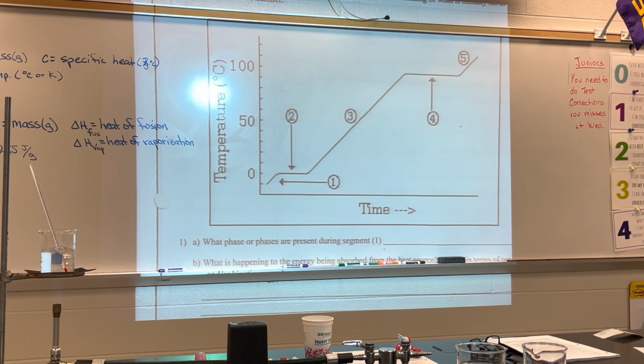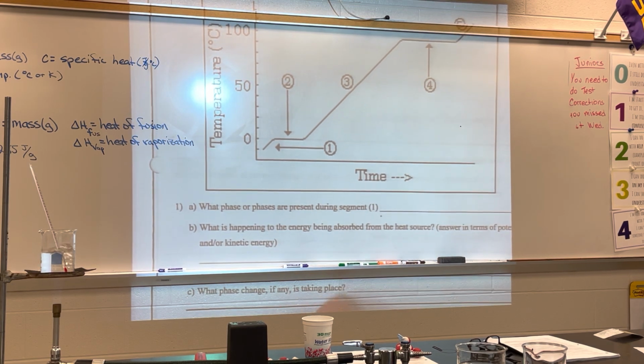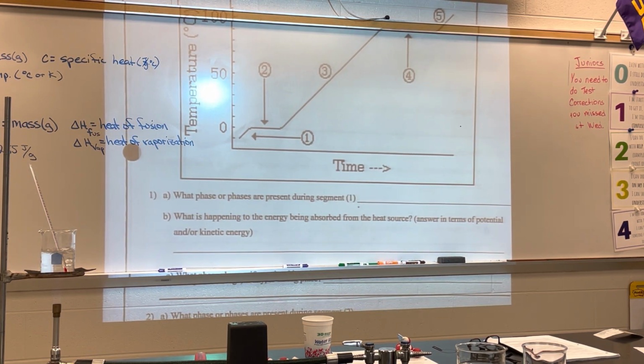So you don't think of ice molecules as being sped up, but ice has to warm up before it melts. Ice won't melt until it gets to 0 degrees. So what type of energy did we say? Kinetic energy. So then you look, is there any phase change taking place in section 1?